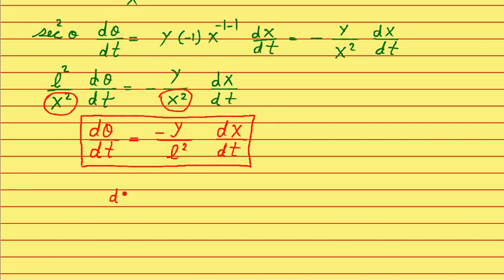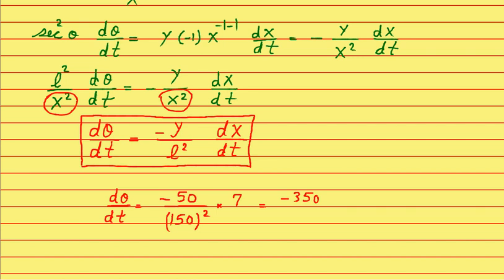So here d theta dt, I forgot already. Y was, okay, it was 50 feet above the ground. L was 150, L squared. Dx dt, we said 7 feet per second. So what is this? Minus 350. Maybe I should not have multiplied.